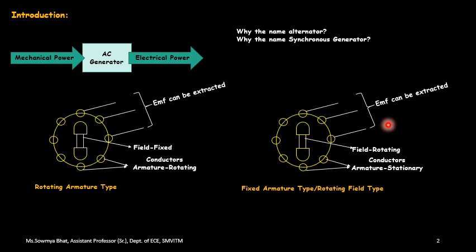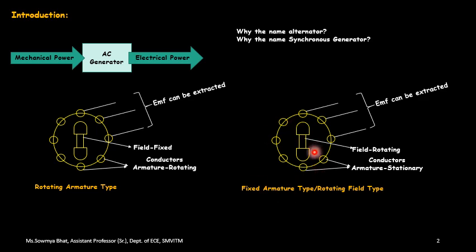Apart from that, more conductors can be easily accommodated in a stationary or fixed type of armature. Along with that, the armature conductors can be easily braced over a rigid frame, and it is easier for us to insulate a stationary system. Insulation of a stationary system becomes quite easier compared with the rotating type, and the cooling of the conductors is much more effective with proper cooling ducts or vents in the stationary part.